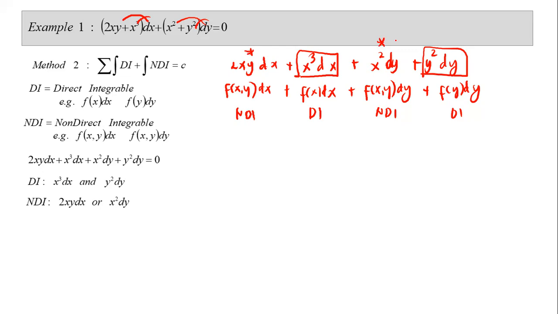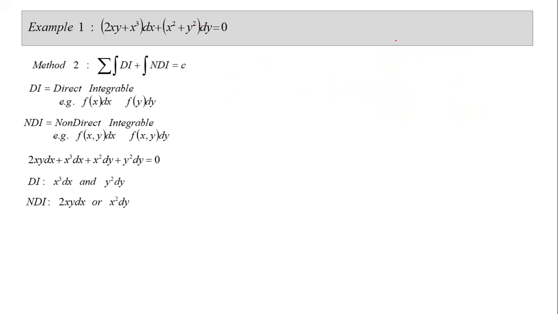So what we are going to do is get the summation of the integral of the direct integrable, that's the integral of x cubed dx plus the integral of y squared dy. And for the non-direct integrable, you only choose between these two. Say you want to use 2xy dx, or you can also use x squared dy, plus the integral of x squared dy, equals the constant c.